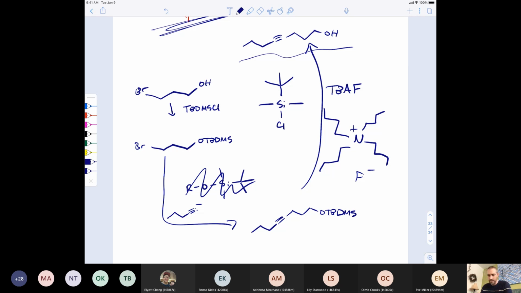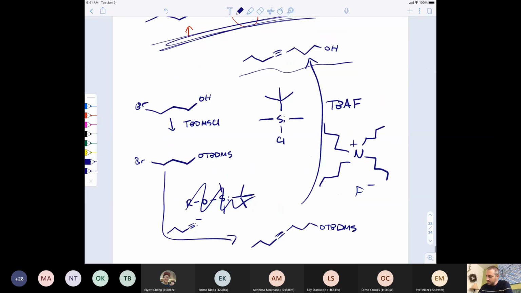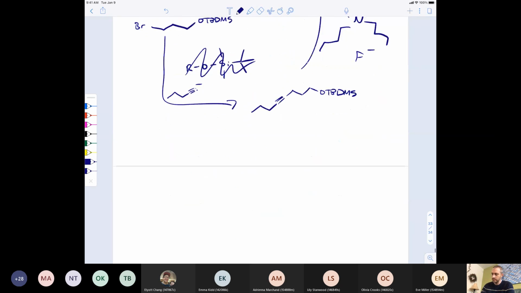So fluoride really loves to react with silicon, and that takes it off of the oxygen and gives you your alcohol back again. So sometimes we would call this Bu4NF. These two are the same thing. Tetrabutyl ammonium fluoride, TBAF. That's alcohol protection and deprotection in a nutshell.